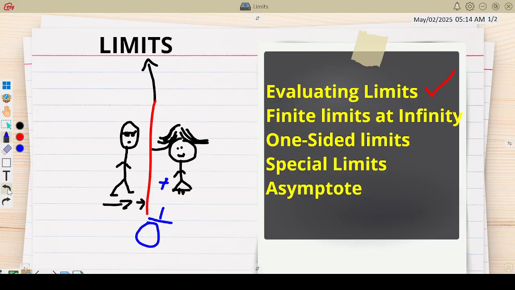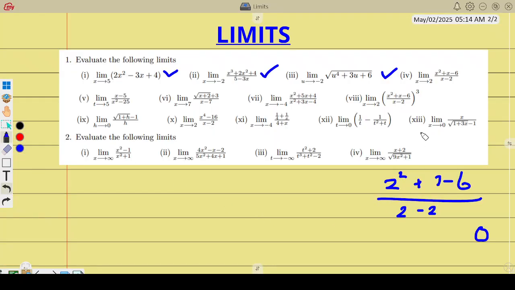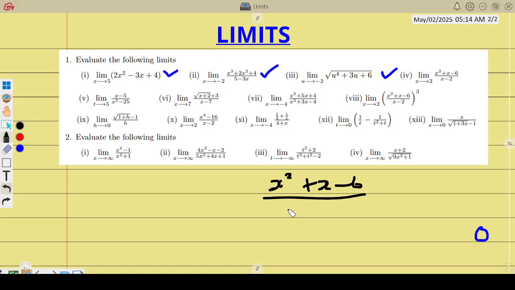So when the function is giving you an undefined answer, you have to try and see what you can do about it. You have to change it, and if it still gives you undefined, then it's just undefined. Here we can factorize the numerator. We have x squared plus x minus 6 over x minus 2.